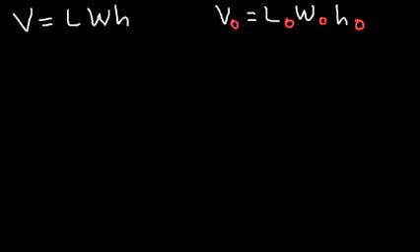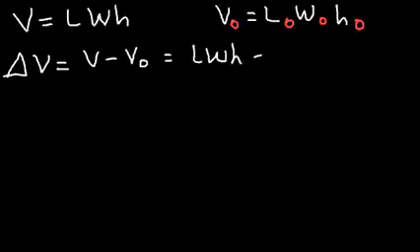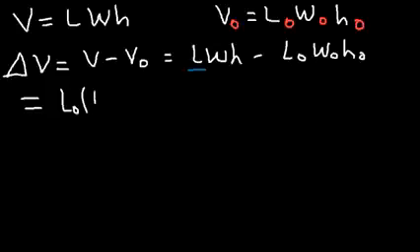So therefore we could say that the change in volume, which is V minus V0, is LWH minus L0W0H0. Now we know that the new length L, from earlier in this video, is L0 times (1 plus alpha delta T).